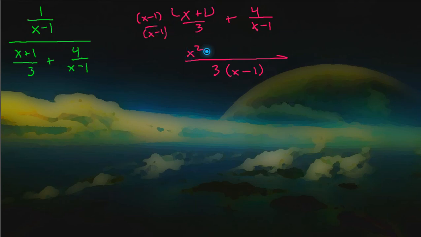So that gives me x squared minus 1 when I'm done multiplying that out. Now plus, this is missing the 3, so I'd multiply top and bottom of that by 3. That gives me 12. And when I combine, I'll get x squared minus 11 all over 3 times x minus 1.